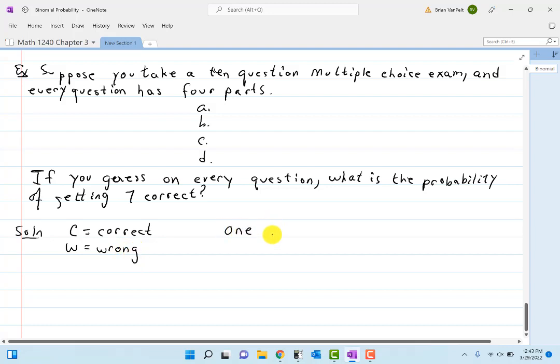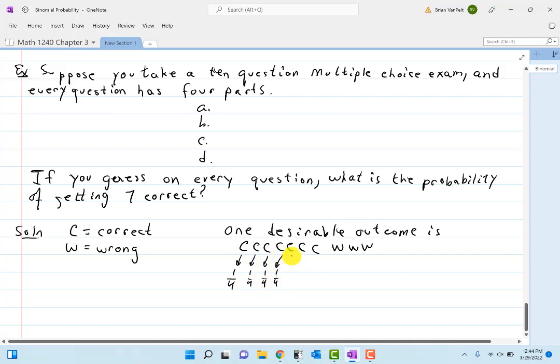So one desirable outcome is, so we would want 7 correct. So maybe the first 7 are correct, 2, 3, 4, 5, 6, 7, and then the last 3 are wrong. Well, if you look at this, the probability of any one answer being correct is 1 out of 4, because there's only 1 correct and 3 incorrect ones. 1 out of 4, 1 out of 4, and so on.